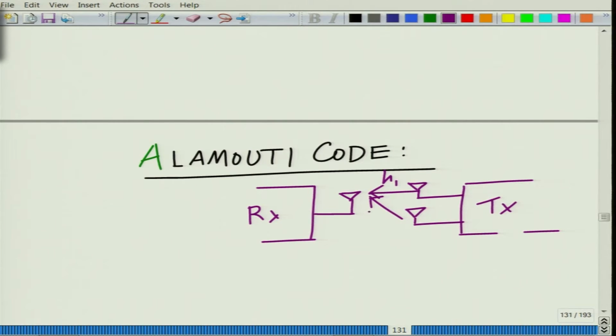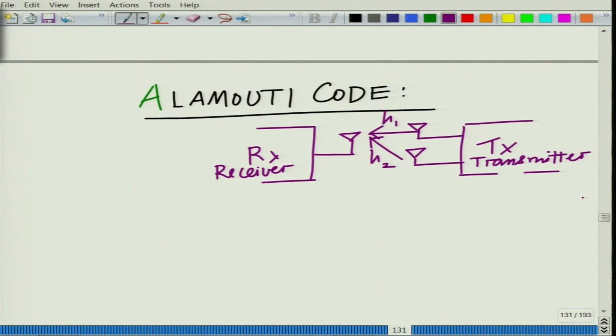And these are the channel coefficients H1, H2. So this is the receiver, this is the transmitter, and H1, H2 are the channel coefficients.